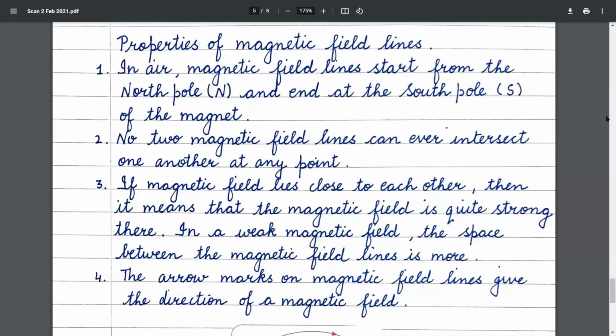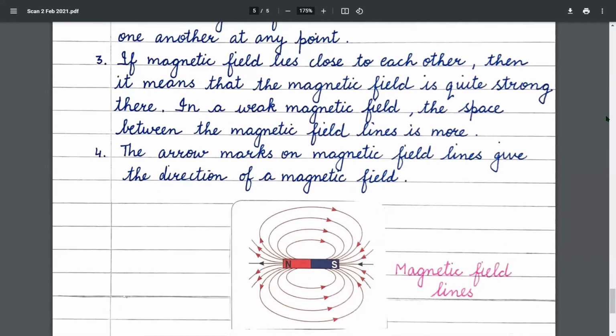Now, let us talk about the properties of magnetic field lines. Number one, in air, magnetic field lines start from the North Pole and end at the South Pole of the magnet. Number two, no two magnetic field lines can ever intersect one another at any point.